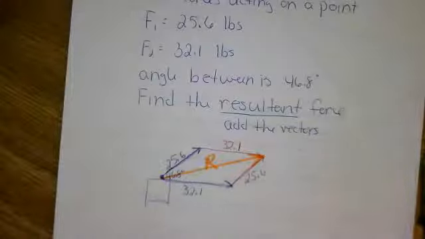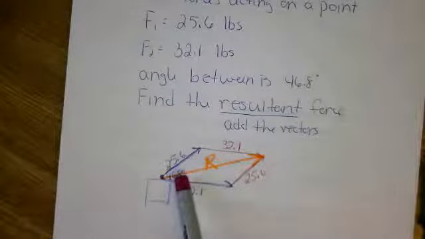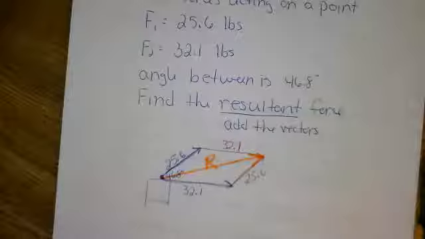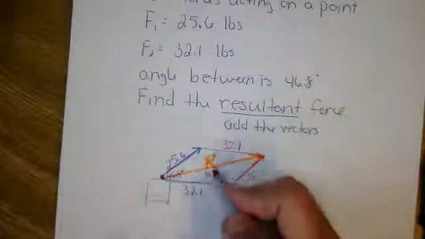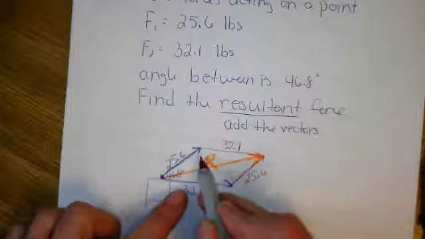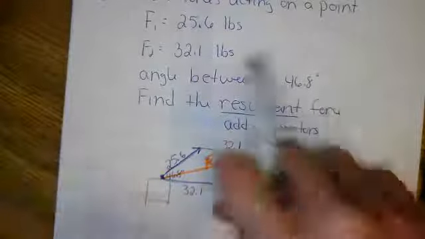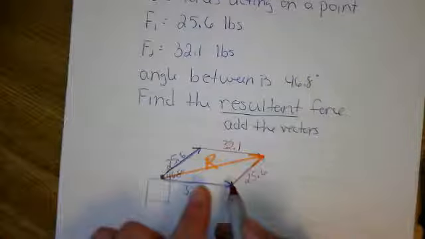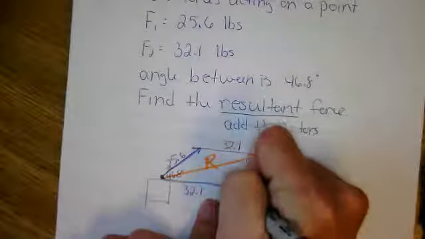Okay, the biggest mistake people make is they cut this 46.8 in half. It does not cut in half. If you ignore the orange line, I had a parallelogram here. Because I have to work with either this triangle or this triangle. They're the same triangle, just rotations of each other. I'm going to subtract from 180 to get this angle in here.